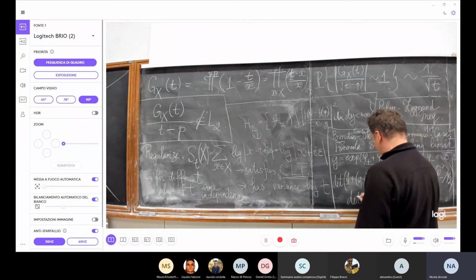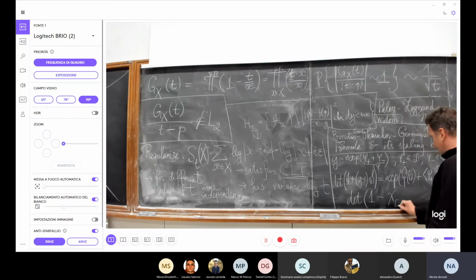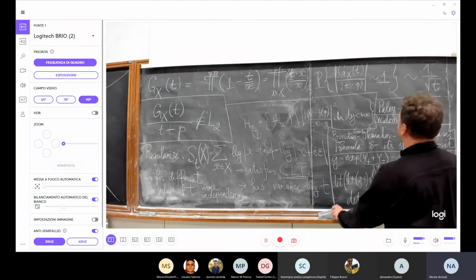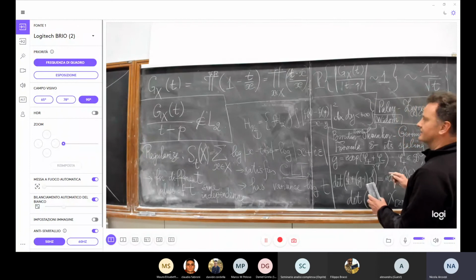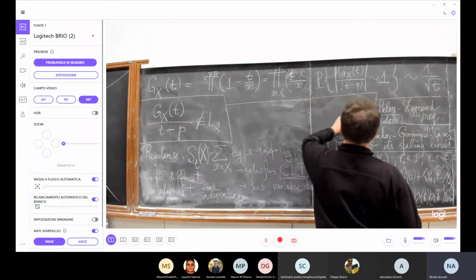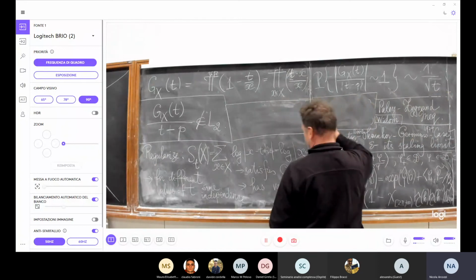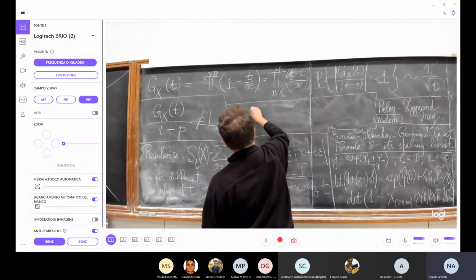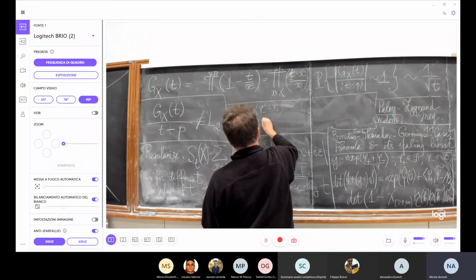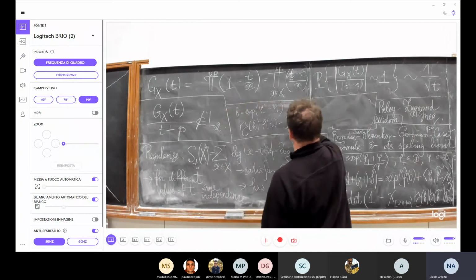There is a repulsion determinant of Hankel operators, so generalized Hankel operators, corresponding to the function h, where h is exponential of phi minus phi plus, and the Hankel operator is the same thing as in the discrete case.